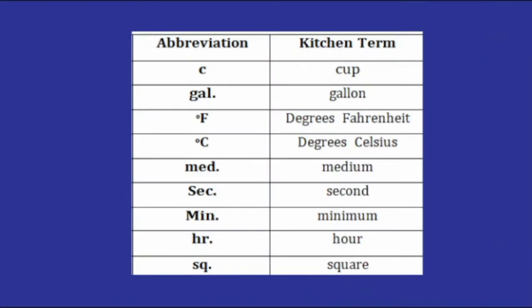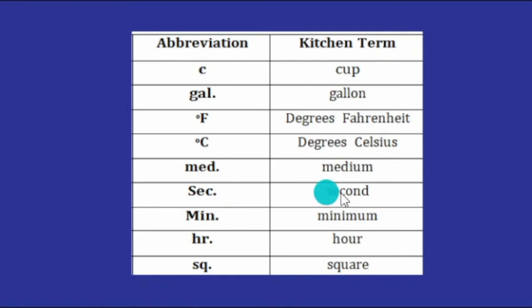Moving on, some of the other abbreviations are also written in the next table. We have C, just like what I've mentioned, cup. Gal for gallon. Degrees F for degrees Fahrenheit. Degrees C is for degrees Celsius. Med or MED stands for medium.